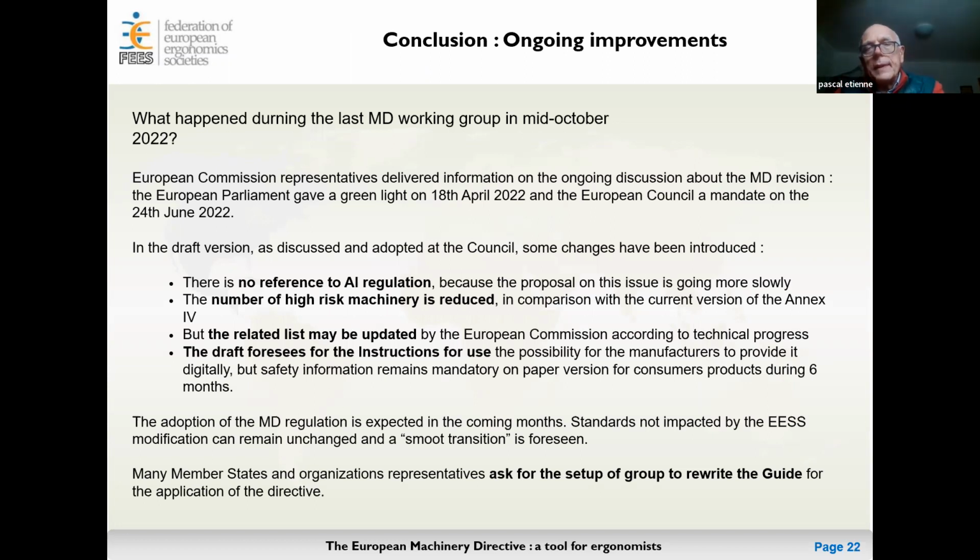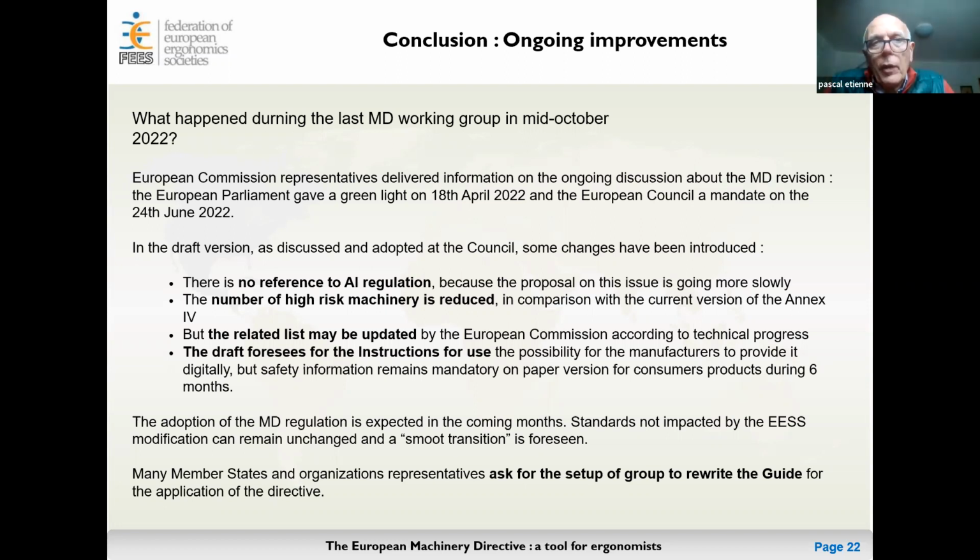So recently, we as FIS attended the Machinery Directive Working Group, which is made by about 100 representatives from the member states, from the manufacturers, the notified bodies, the different user associations.